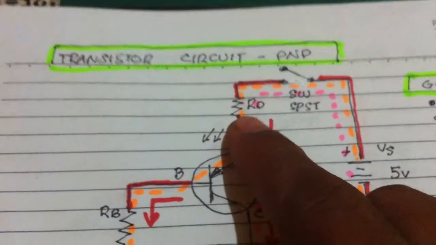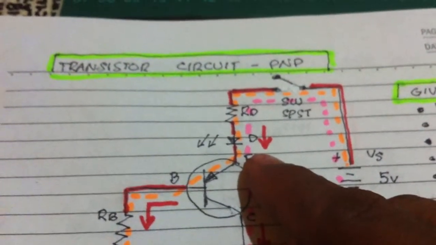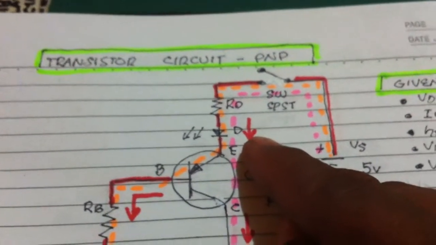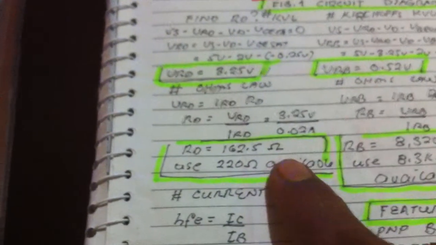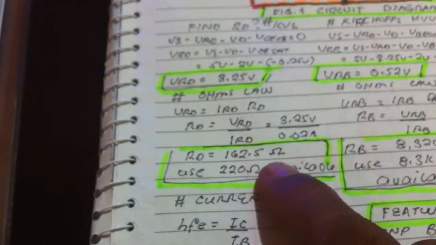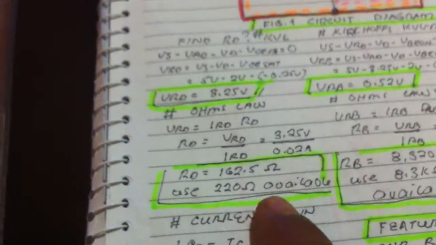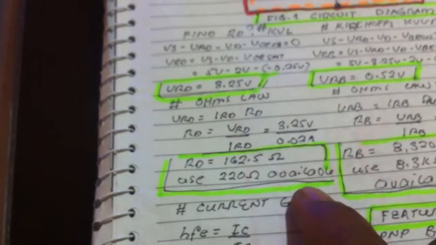Current in the LED is the same as the current in the resistor since they are in series. That is according to Ohm's law. Current in series is equal. So, calculating the values, we got 162.5 ohms. I am using 220 ohms. That is my available resistor.